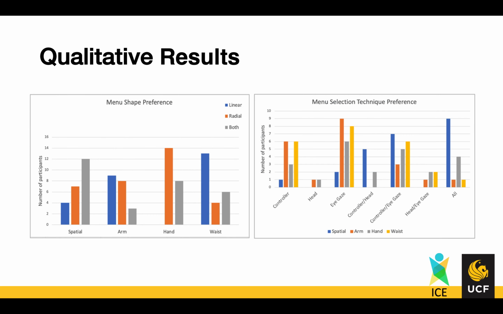We also did the chi-square test for the gathered post-questionnaire data about preferred menu shapes and selection techniques. In particular, we didn't find any significant difference for the spatial and arm menus in terms of menu shapes. And for the selection techniques, we found significant differences for the spatial, arm, and waist placement menus.